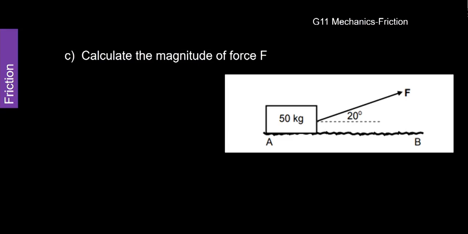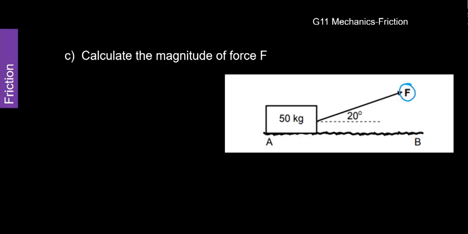Now they ask us, calculate the magnitude of the force. So here's F here, we need to calculate that magnitude. Now there are lots of things going on in this particular situation, and so we need to be pretty careful about what is happening. So let's start with looking at this big applied force F and the movement of this object.